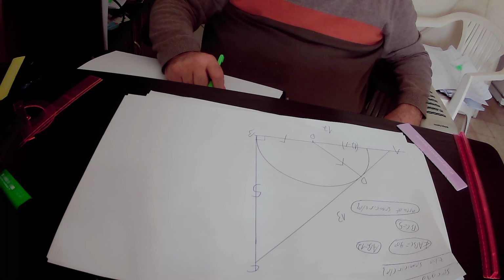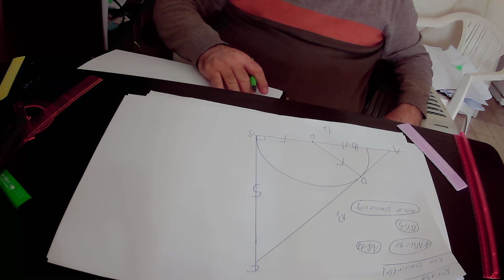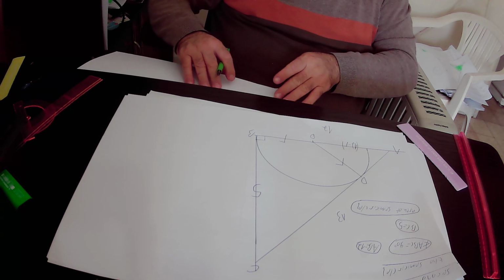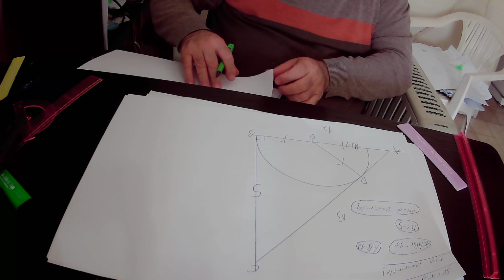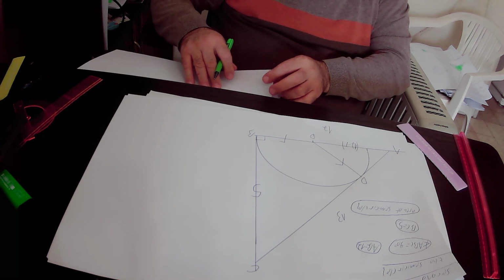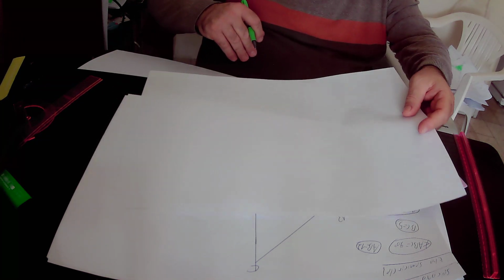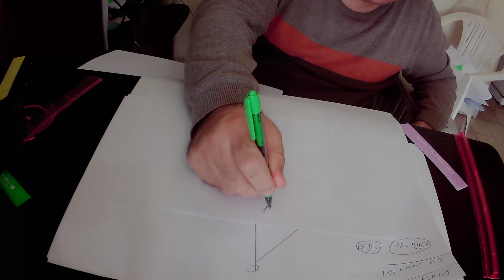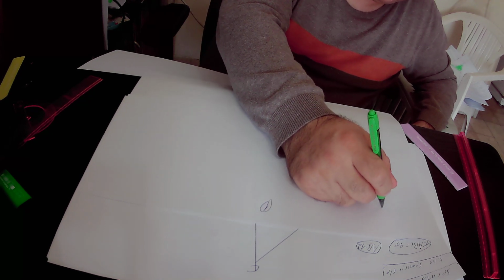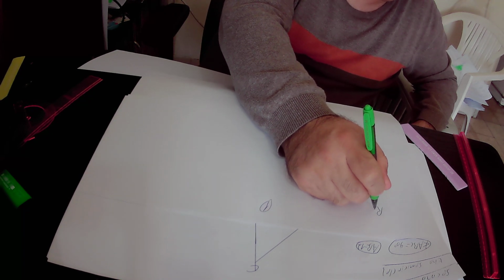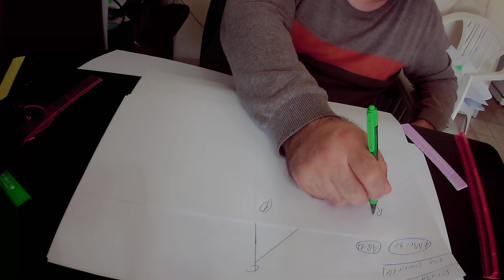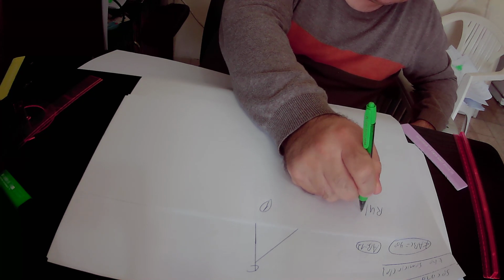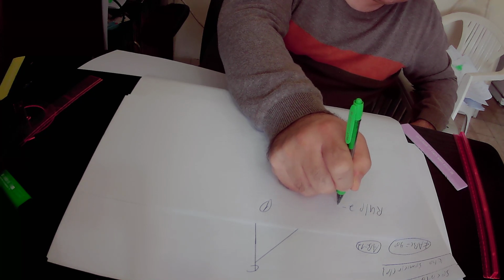Okay, so I will present to you a new rule that is called rule number 2, or the two tangent theorem.